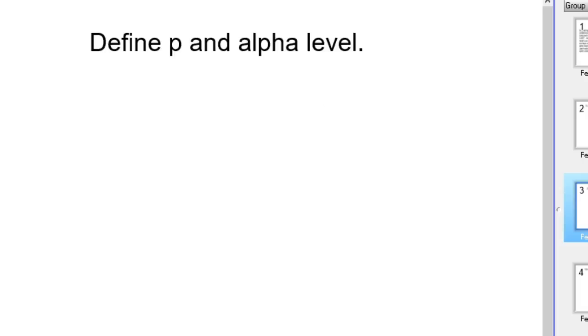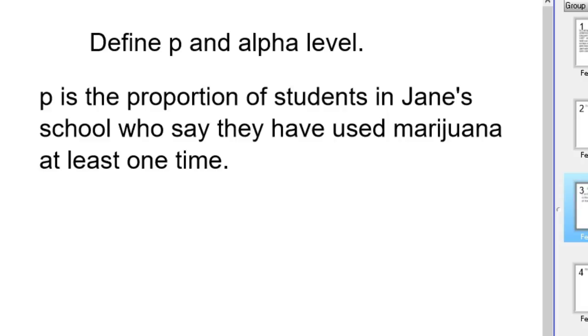Okay, so we'll define p and the alpha level. p is the proportion of students in Jane's school who say they have used marijuana at least one time. And then alpha level, just for the simplicity of this, we're just going to let it be equal to 0.05.